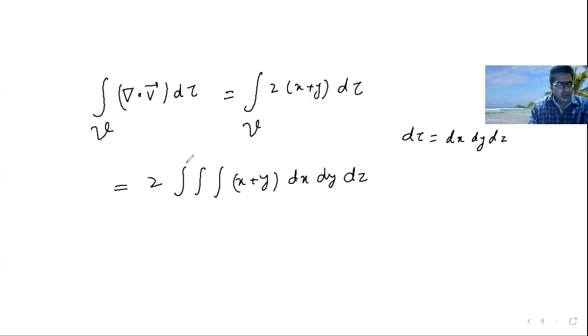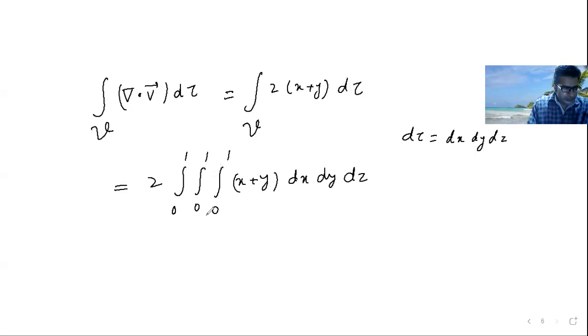You have to give limit on x from 0 to 1, y 0 to 1, and on z 0 to 1. So it will be 0 to 1, 0 to 1, and 0 to 1, right?